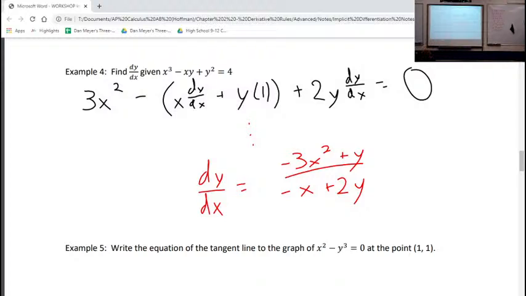So there's your first step. Here's what you should get as your final answer.